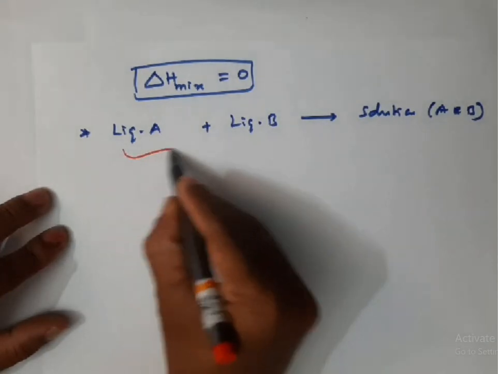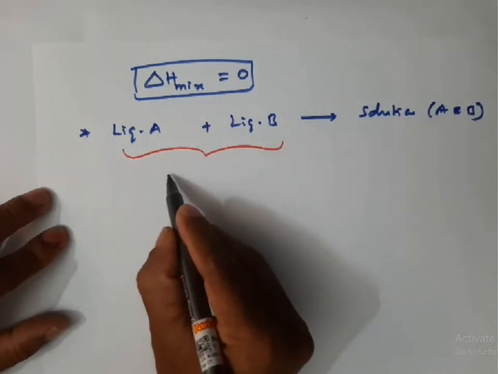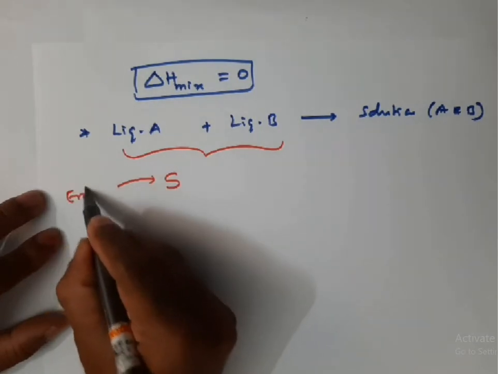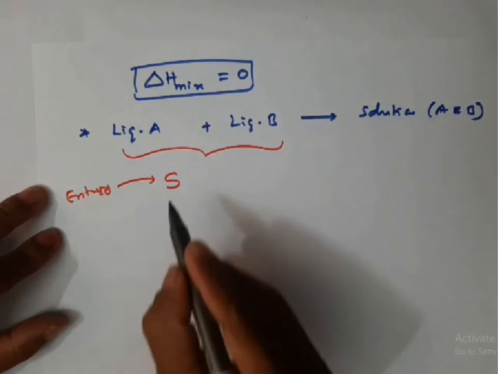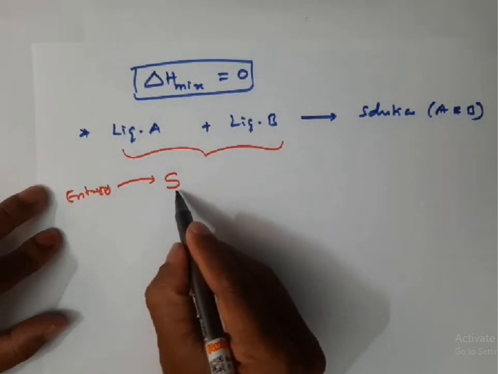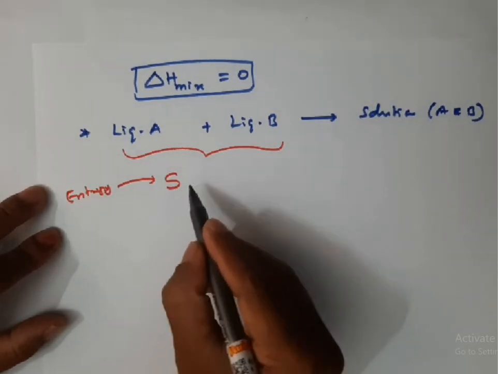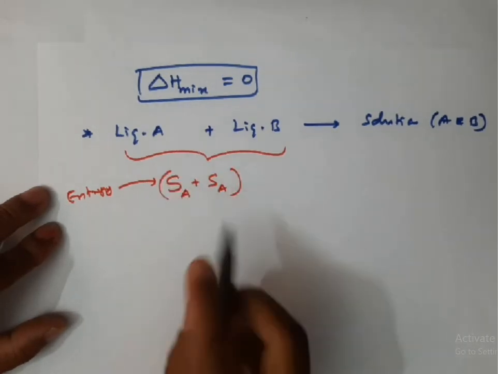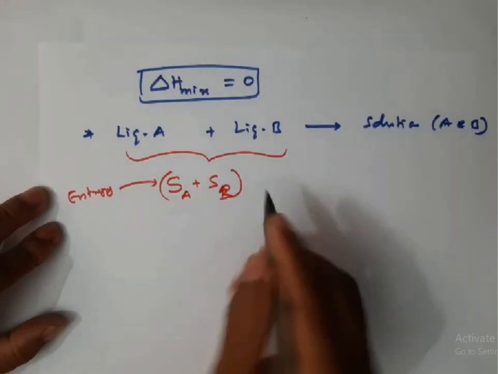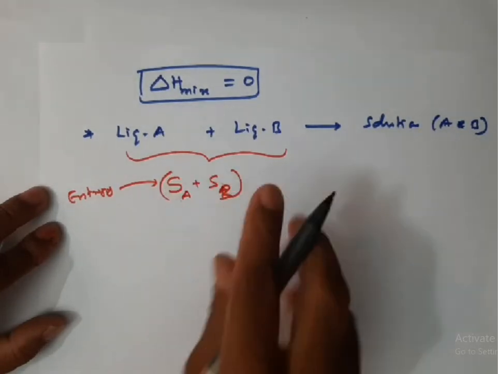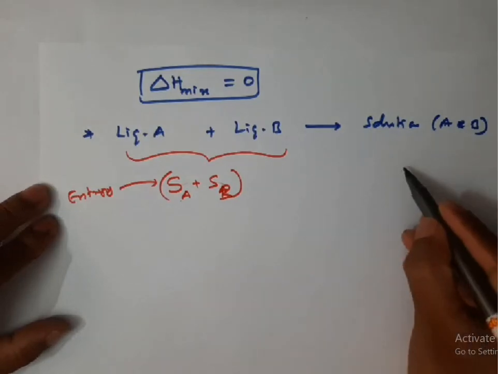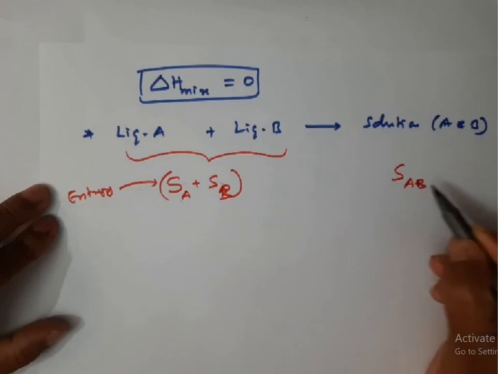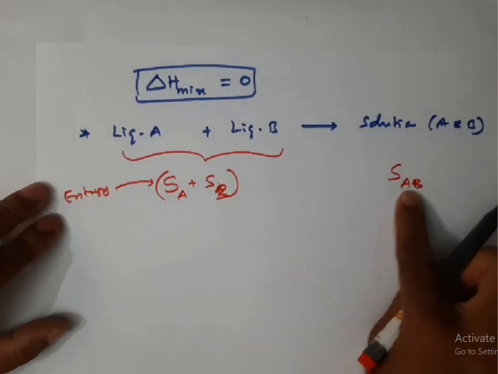Therefore, for the total entropy, we use the symbol S. Total entropy before mixing is the sum of SA plus SB. SA plus SB is the total entropy before mixing. Let me write simply SAB: SAB is the total entropy after mixing.